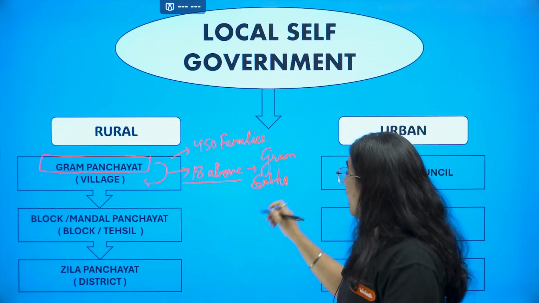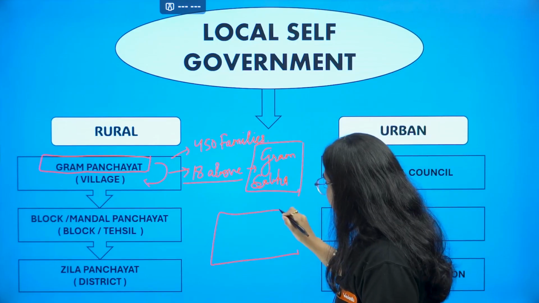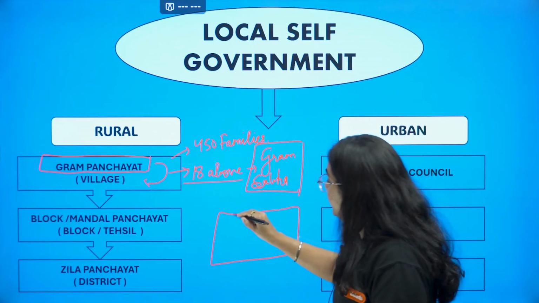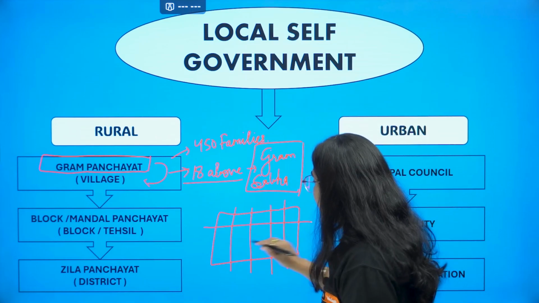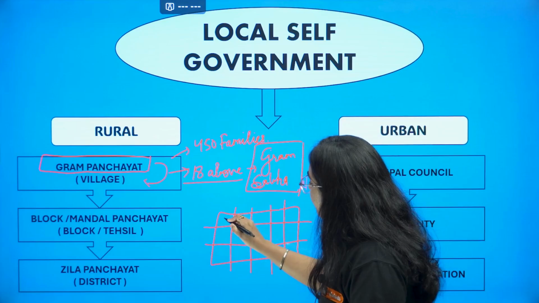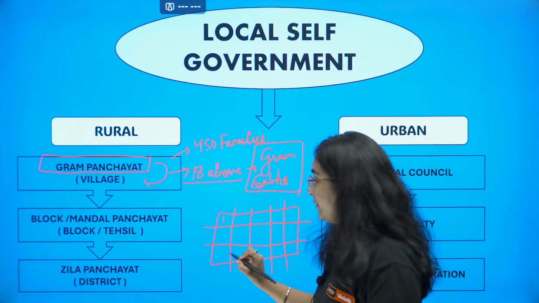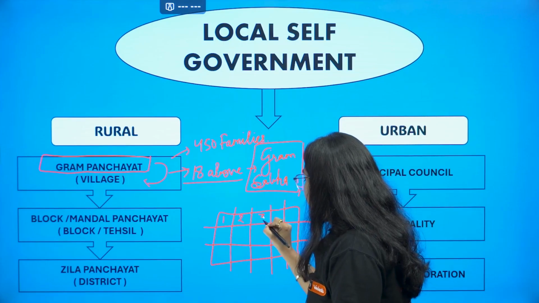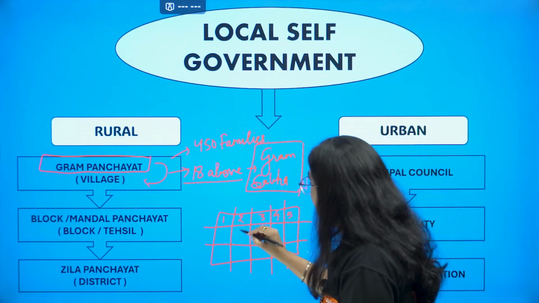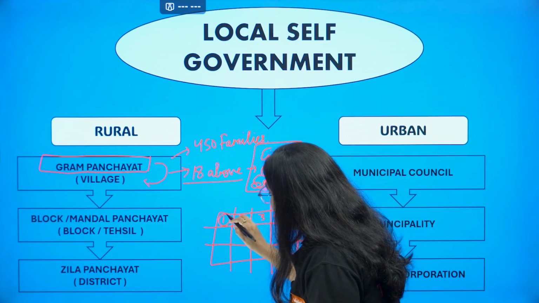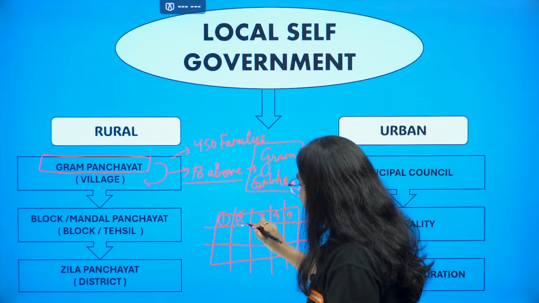Now what will this Gram Sabha do? For example, this is a village. In this village, the Gram Sabha will divide the village into constituencies, for example constituency number 1, or we can call it ward number 1, ward number 2, ward number 3, 4, 5, etc. One person will be elected from this area to administer it, the second will be elected from that area.